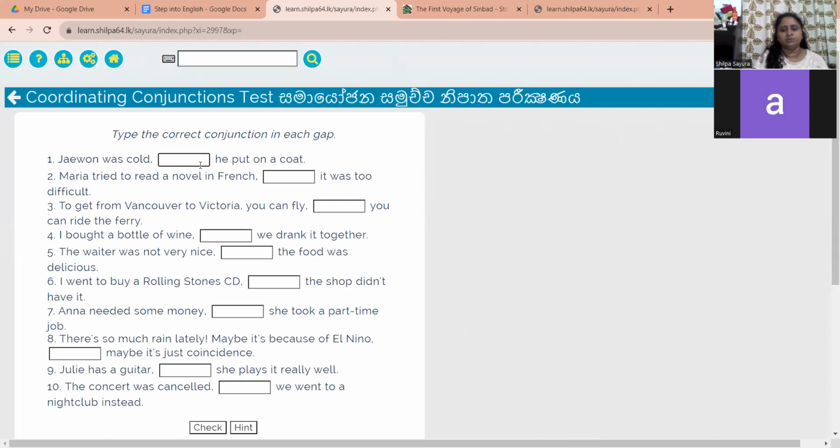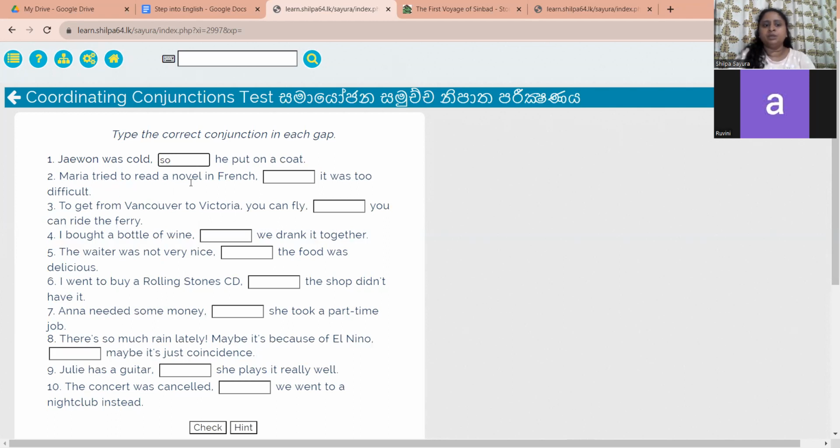Put a suitable conjunction and complete the sentence. Can you? He was cold, so he put on a coat. A phrasal verb, put on. What is the answer? Jane was cold, so he put on a coat.